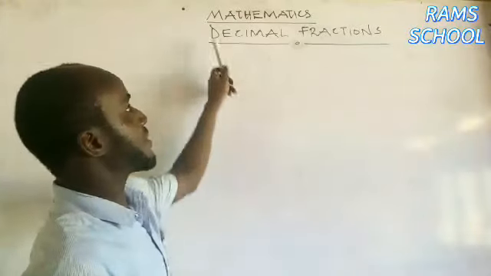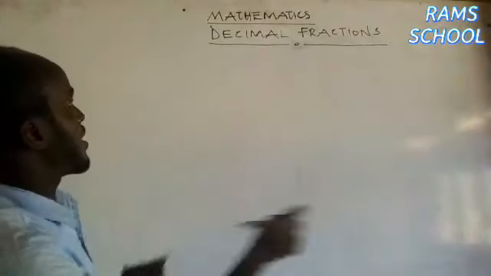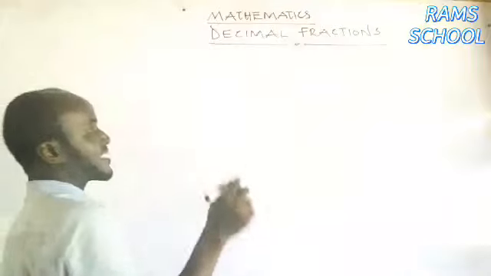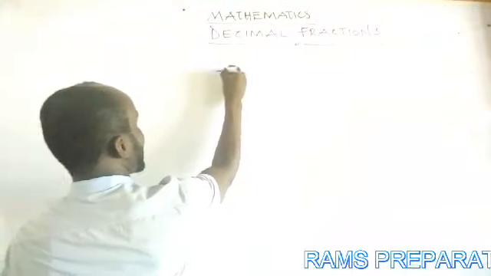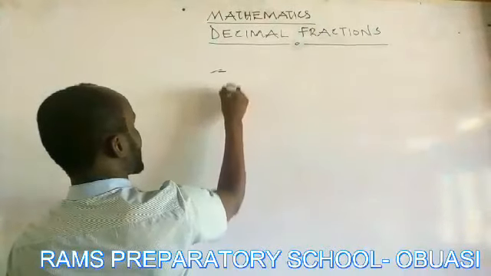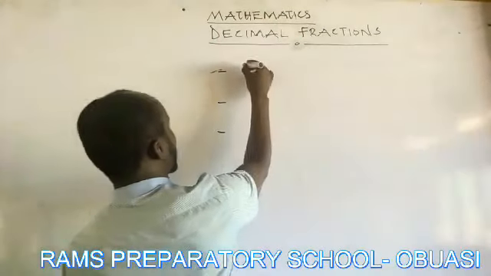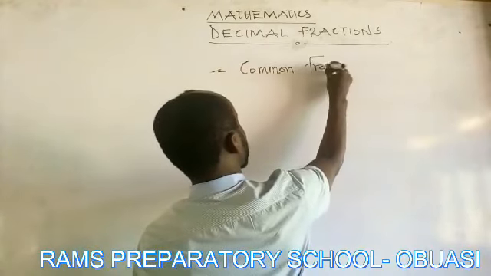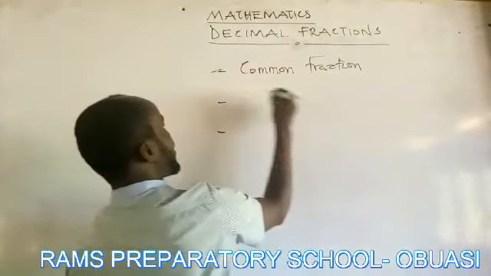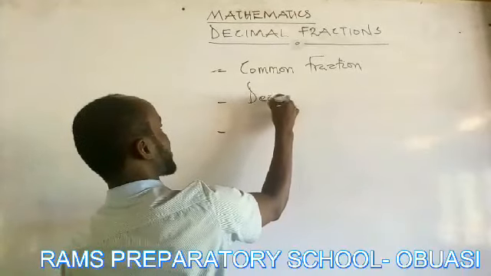So, decimal fractions. In our previous lessons, we've learned that we have three main types of fractions. We looked at what we call common fraction. Then we said we also have decimal fraction.